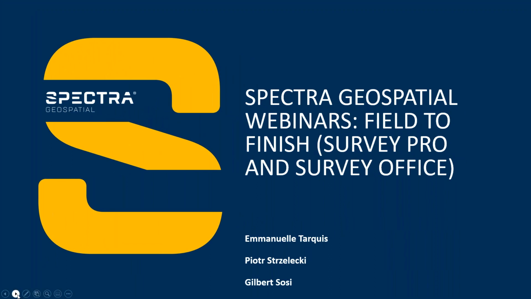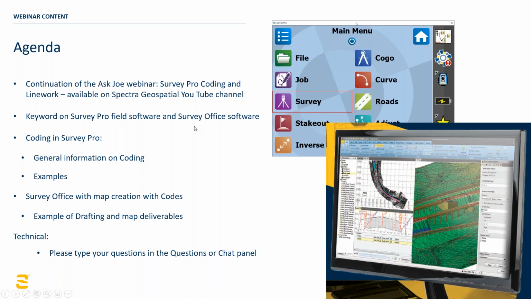First, a little bit with the presentation and the agenda that I would like to cover for the subject today. Well, first of all, this webinar is a continuation of what Joe Sass has done before within his Ask Joe webinars.